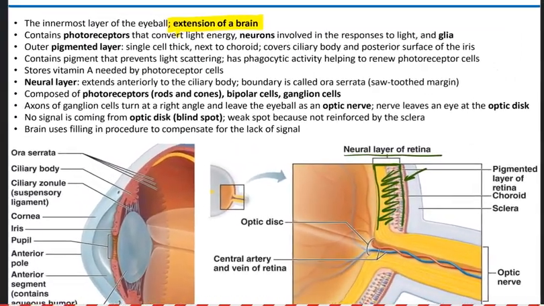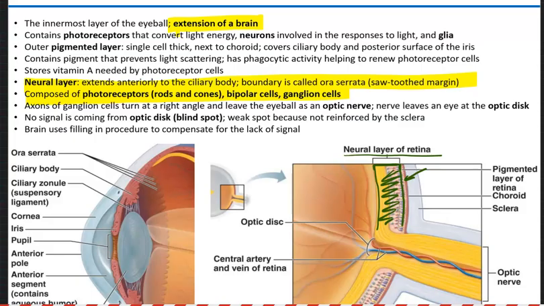So what is the function of these layers? Well, as you can imagine, the neural layer is composed of photoreceptor cells, bipolar cells, which are neurons, and ganglion cells, which are also neurons. Essentially, those are neurons. They transform the light into a neurotransmitter or electrical signal that eventually reaches the brain.